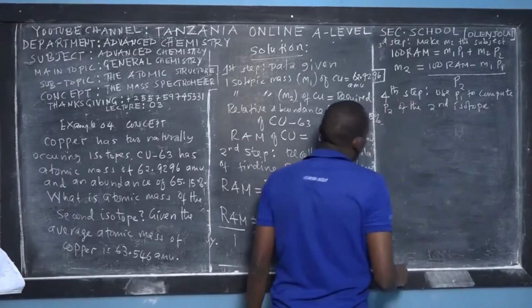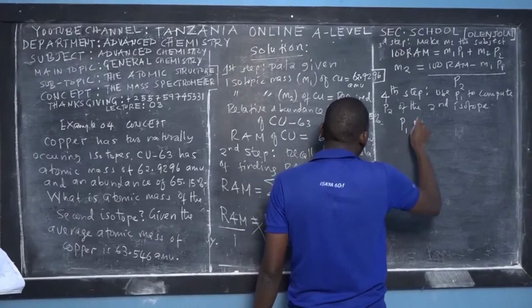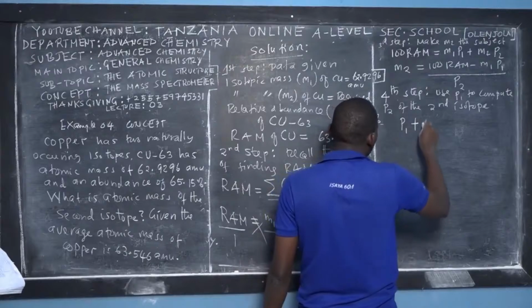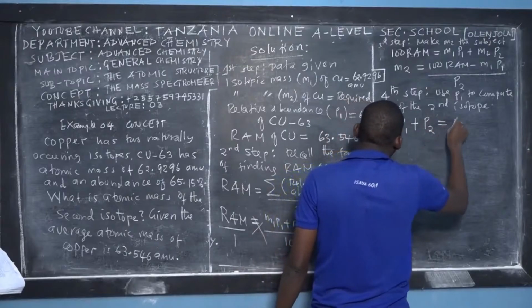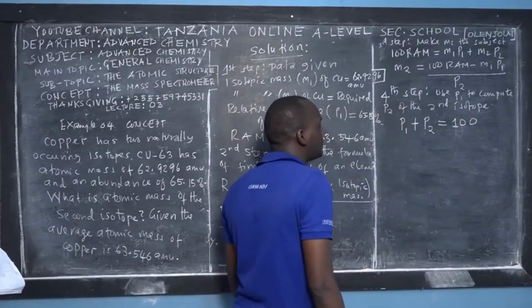How do we get it? Remember, if the atom has only two isotopes, the first relative abundance plus the second relative abundance is 100.